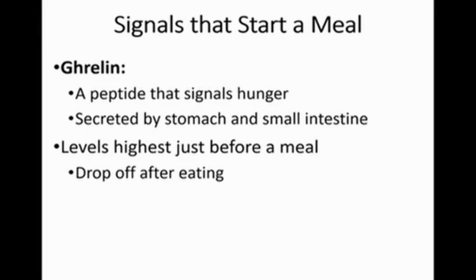It tends to peak, so we have high levels of ghrelin in our bloodstream right before a meal. As we're getting closer to a meal, levels of this peptide build up in our system. And then once we start eating, our ghrelin levels drop. So ghrelin serves as an indicator that it's time for a meal.